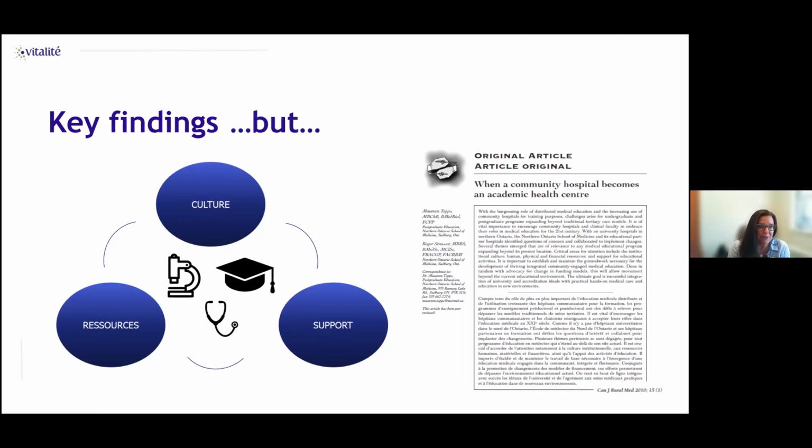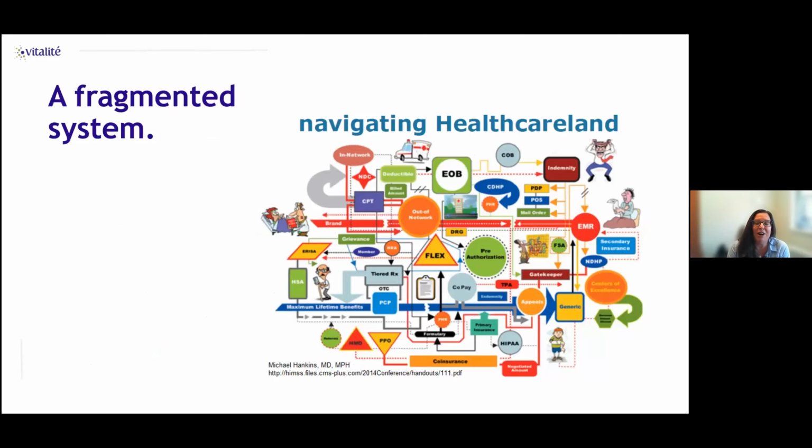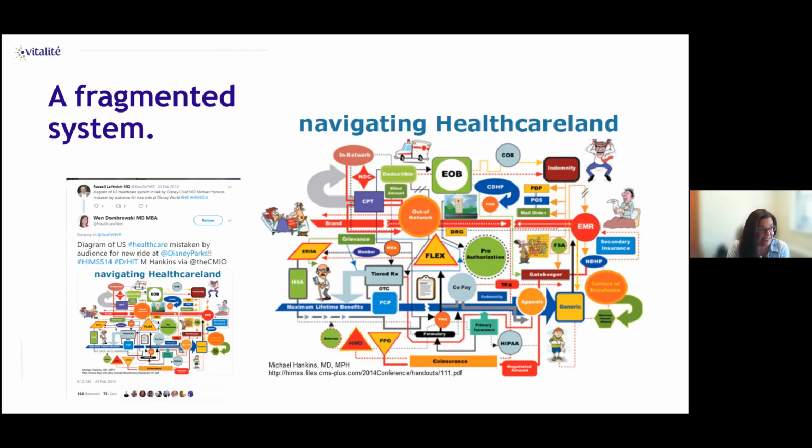But what came out even stronger in our consultation process was the fact of how fragmented our system was. I like showing this figure that depicts the US health system, but honestly, we could probably be fairly comparable in Canada when we think of how services are hard to navigate. Everything is in silos. At a presentation, actually, someone mistook this slide as a new ride for Disney parks.